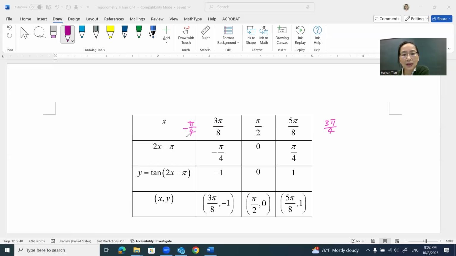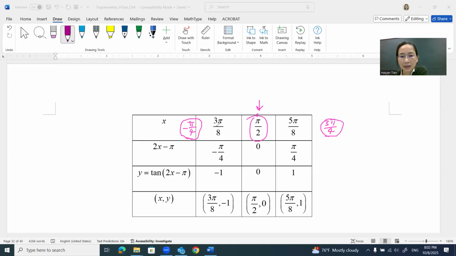And those are the x values where the tangent is undefined. But we can still see that this pi over 2 is the middle point. Yeah, it is the middle point.